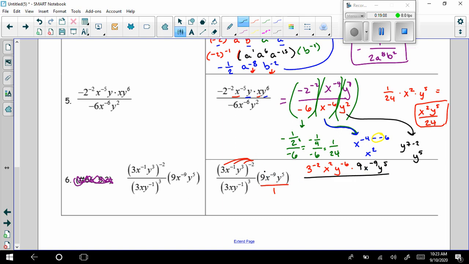So this can just move up to the top because it's over 1. All over 3 to the 3rd, x to the 3rd, y to the -3rd.